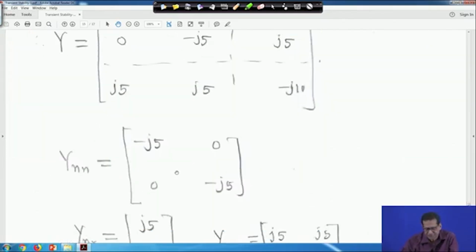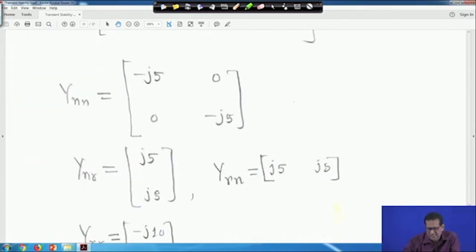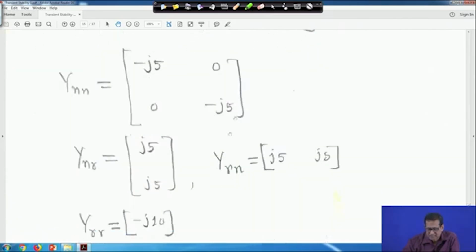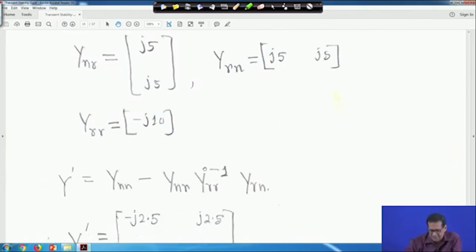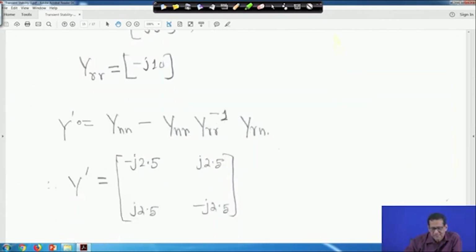This is YNN, this is YNR, and this is YRN, as I told you. YRR is a single element, minus j10, so its inverse will be just 1 upon minus j10. Now we know that Y dash is equal to YNN minus YNR YRR inverse YRN.